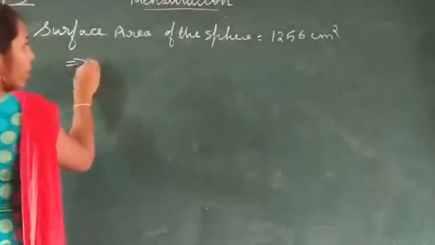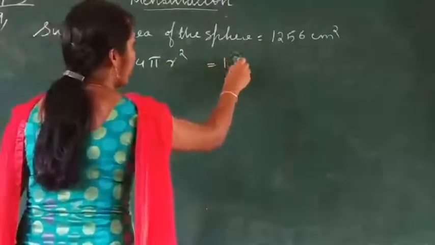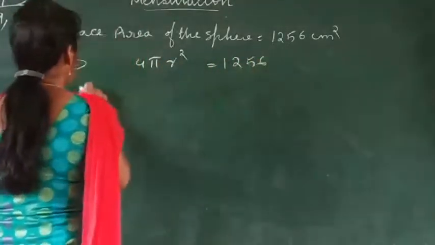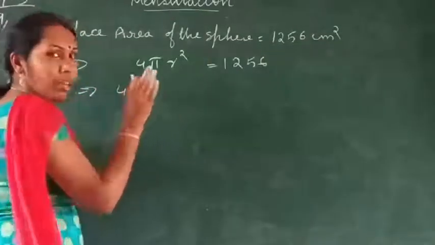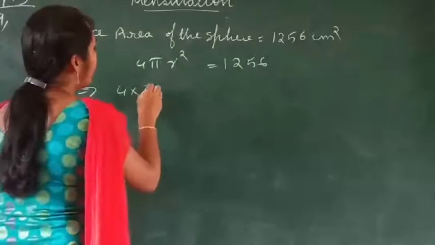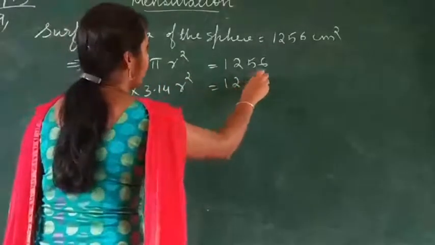So this implies 4πr² is equal to 1256. Here we have to take the value of π as 3.14. It is given in the question. So 4 into 3.14 r² equal to 1256.